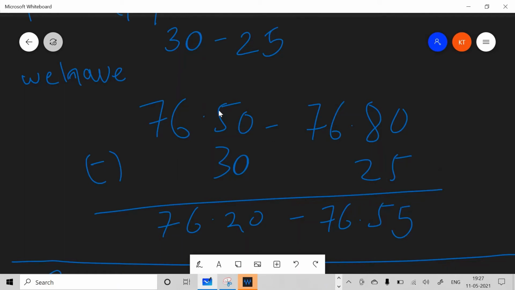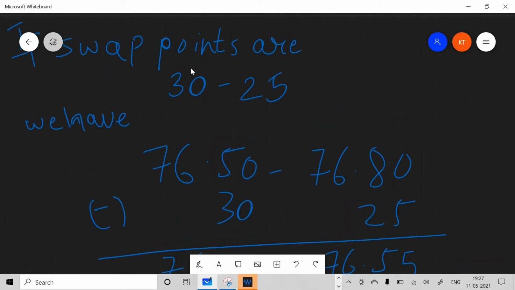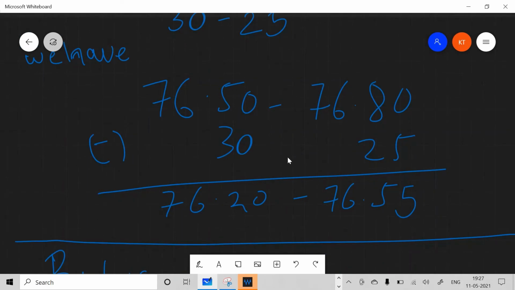So the spread ultimately increases from say 30 paisa to 35 paisa. And this, as I had said earlier, the bank always wins, and so will always try to increase its spread. So this makes logical sense because these swap points are in descending order and we reduce them.